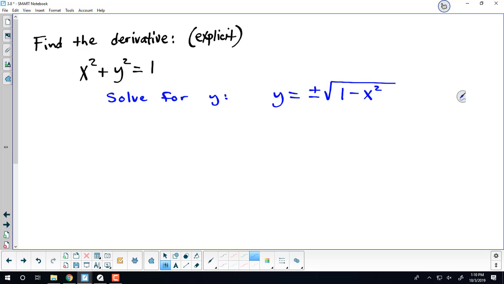Why do we have two different functions here? Because of the square root, because we're solving for a square. In terms of the circle, what does it mean to have two different functions describing the circle? You have the top half of it and the bottom half of it.